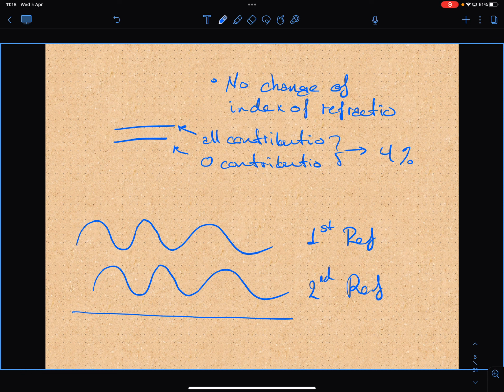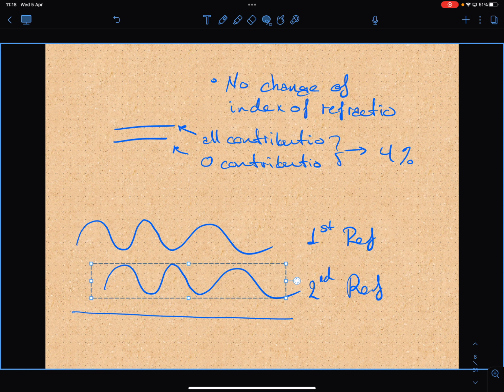One possibility, with the right thickness, is if you match the lows with the highs, this too could give you 0, as the waves can cancel each other. But you could also pick the right thickness so that the highs are with each other, and then you can double it that way.